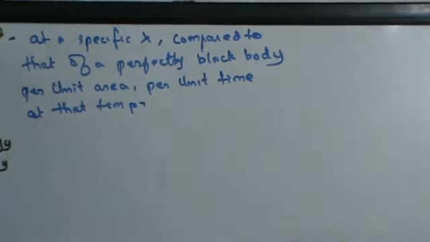So the only difference is that in monochromatic emissivity you will check only for a particular wavelength. Right?